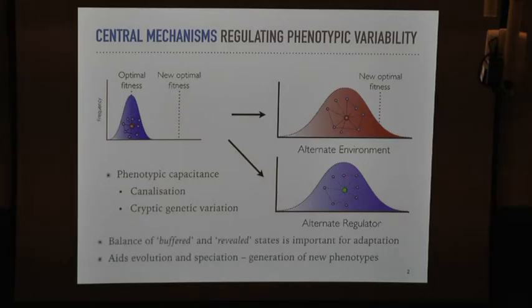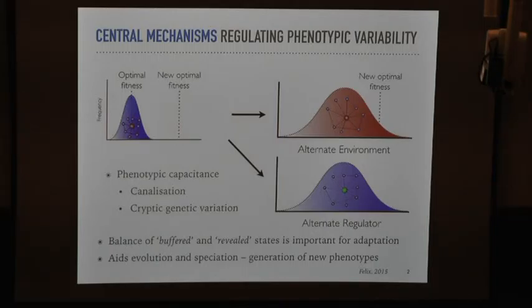This property has importance for adaptation because populations have to balance between buffered and revealed states, and eventually these adaptations lead to speciation and the generation of new phenotypes, because the new variants that get expressed can generate new phenotypes which can lead to speciation.